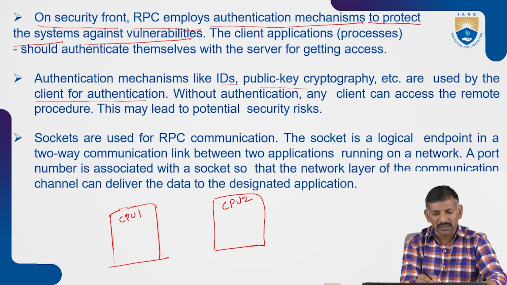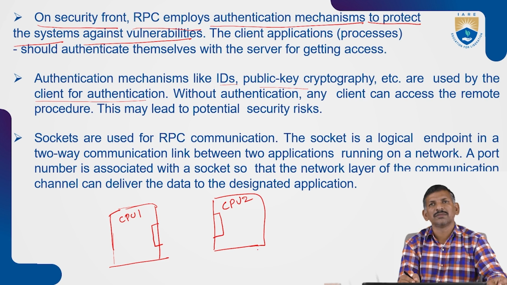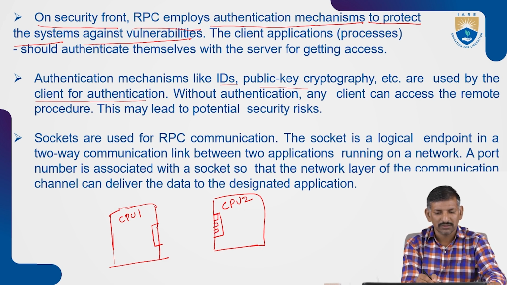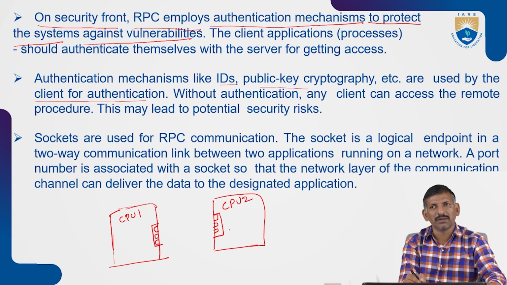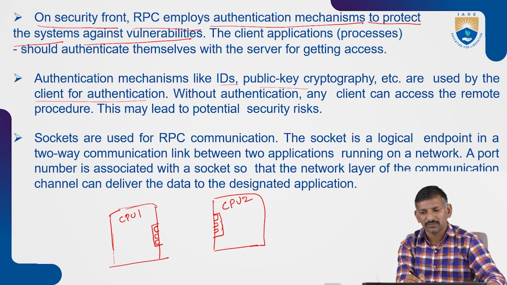Each one contains sockets to interact with other peripherals or other devices. This socket internally contains port 0, port 1, port 2, like that. So this socket has some number, and internally the port has a particular number.